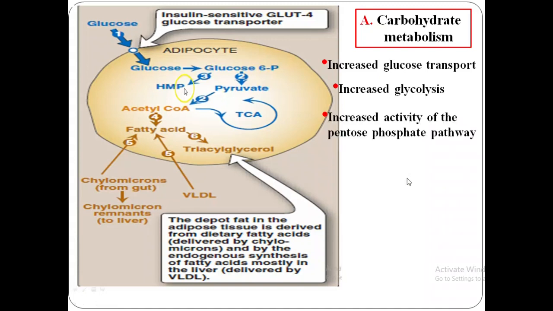Adipose tissue can metabolize glucose by means of the pentose phosphate pathway, also called the HMP shunt pathway, thereby producing NADPH, which is essential for fat synthesis.